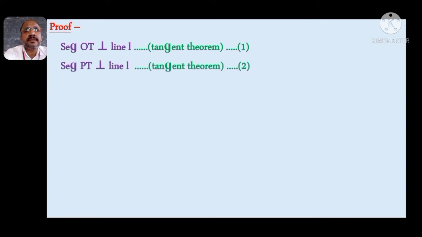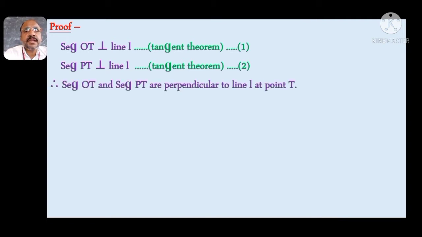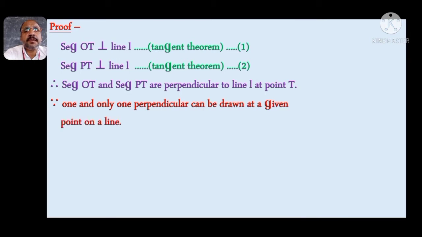Now, proof. Segment OT is perpendicular to line L according to the tangent theorem, equation 1. Segment PT is perpendicular to line L according to the tangent theorem, equation 2. Therefore, segment OT and segment PT are perpendicular to line L at point T. But one and only one perpendicular can be drawn at a given point on a line.